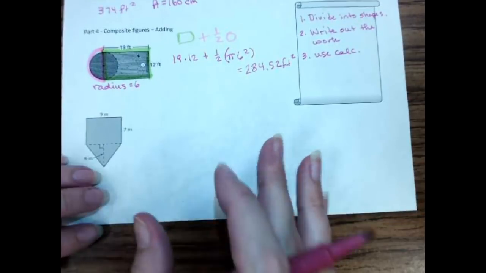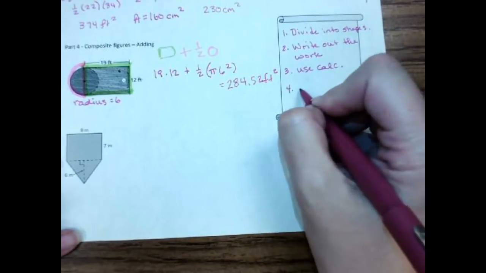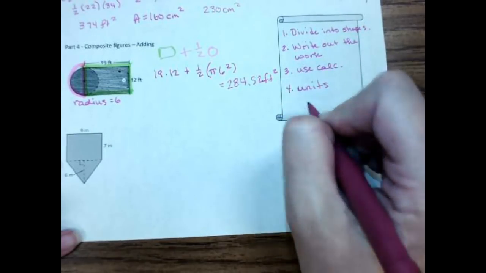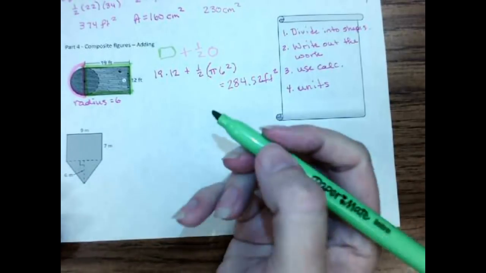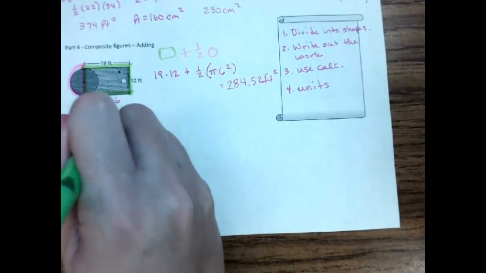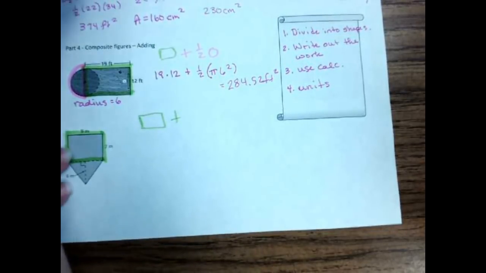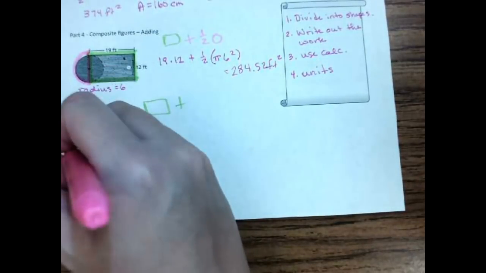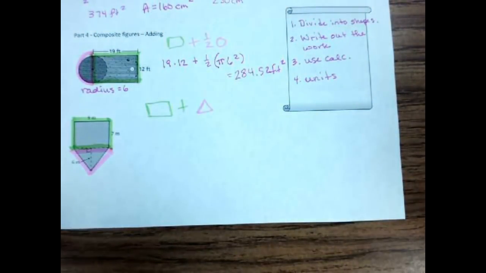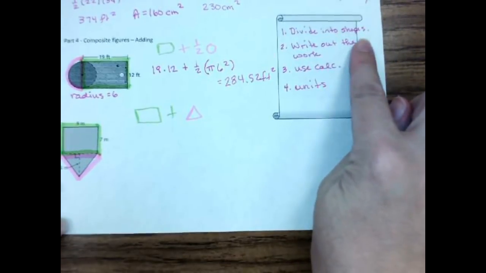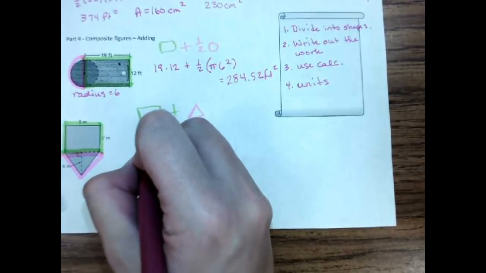Okay, let's do the next one. I'm going to do these same steps, and this time I'm going to put units, so we don't forget our units. Divide it up into the parts that we see. Well, I see a rectangle, and I see a triangle. Okay, so I divided it into the shapes. Now I'm going to write out the work. The rectangle is 9 times 7.